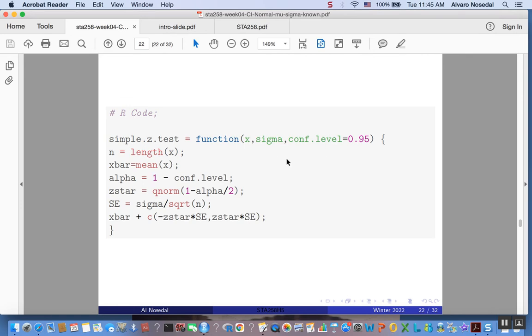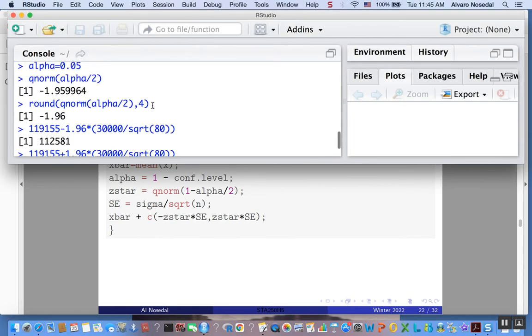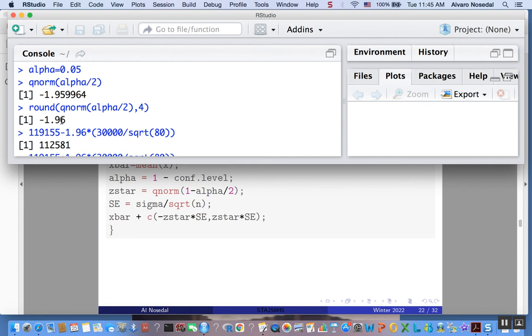Okay, so if you want a 95% confidence, right, you know that alpha is going to be the complement, which is 5%, just like we just did, right? And to find that critical value, that C star, you need a quantile, but at this level, 1 minus alpha divided by 2. If you found alpha divided by 2, just like we did before, you would be getting the negative version.